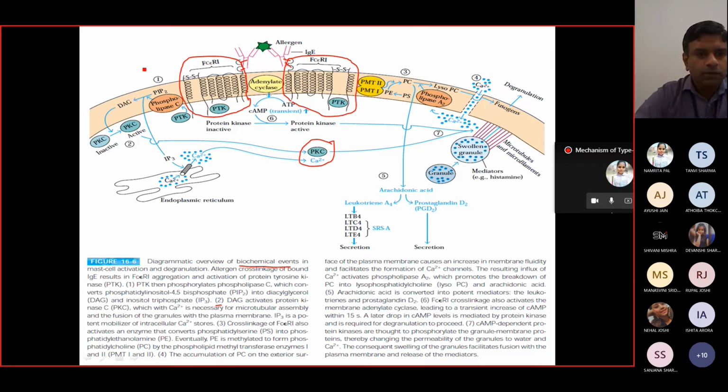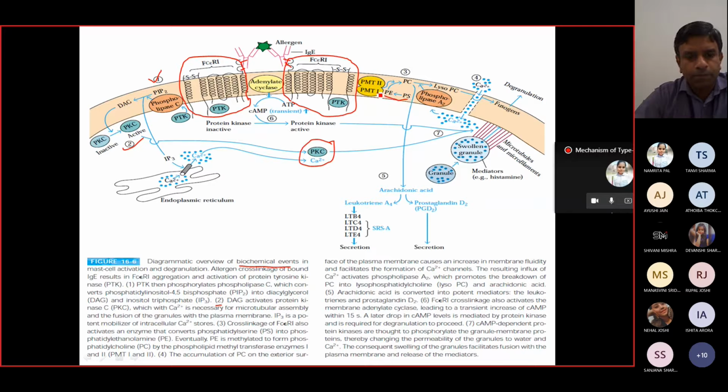So हमने first step देख लिया, हमने second step देख लिया. Now let's see the third one. Now cross linkage of Fc epsilon R1 also activates an enzyme that converts phosphatidyl serine into phosphatidyl ethanolamine, okay. So now your PS gets converted to PE, right?